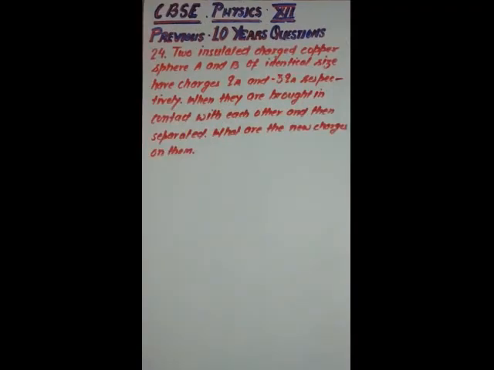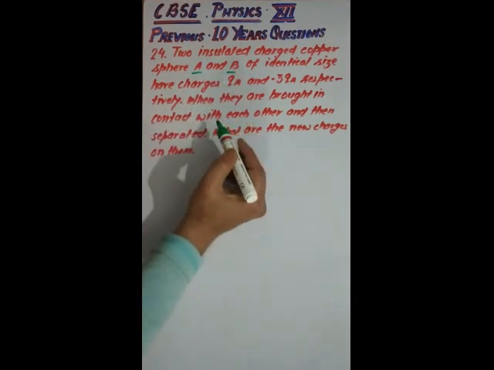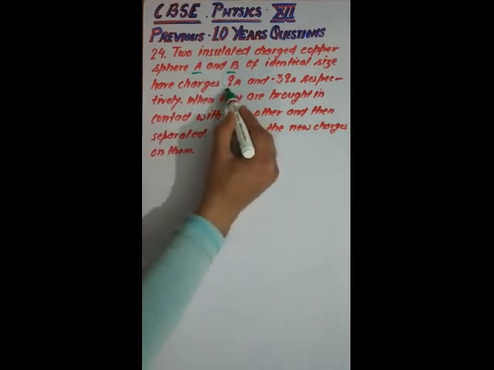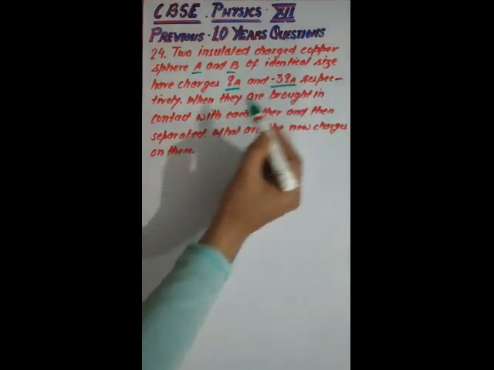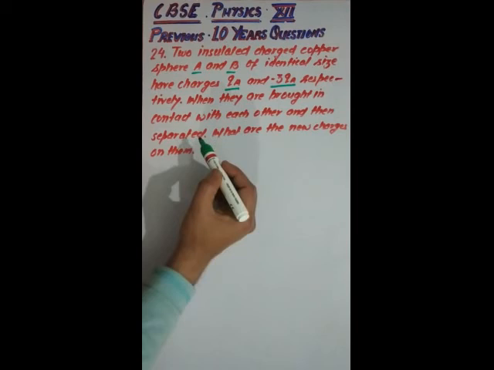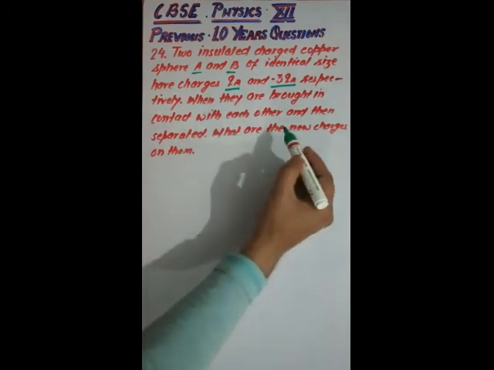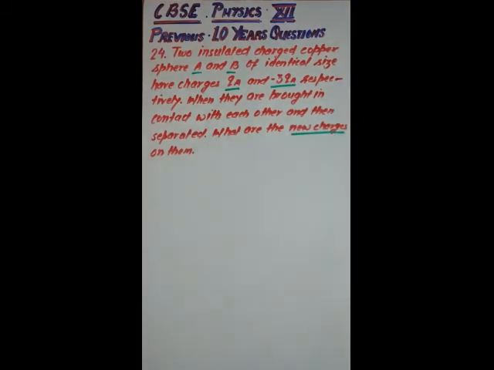Two insulated charged copper spheres A and B of identical size having charges QA and negative 3QA respectively, when they are brought in contact with each other and then separated, what are the new charges on them?